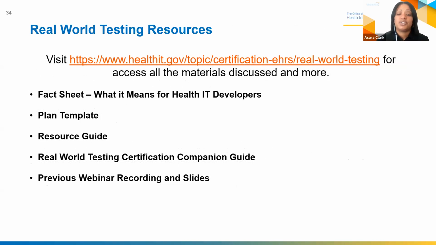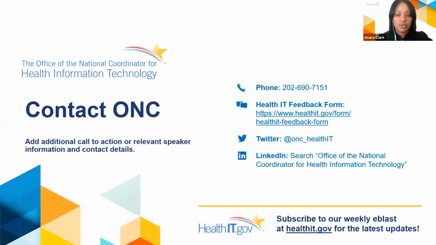We have the real-world testing certification companion guide, and we have previous webinar recordings and slides. So guys, listen, we have tons of resources out there. Take a look at them, continue to give us feedback, continue to submit your questions, work with your ACB. I can't stress that enough: work with your ONC ACB on your real-world testing requirements.